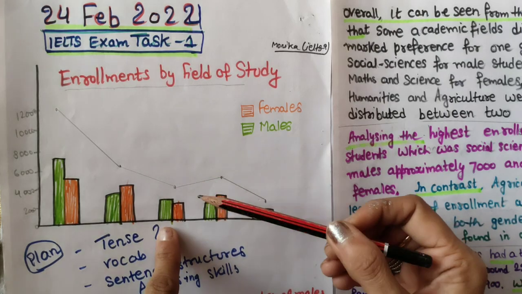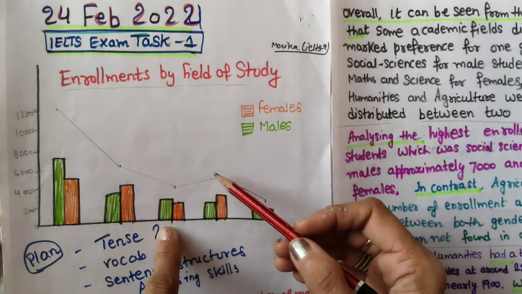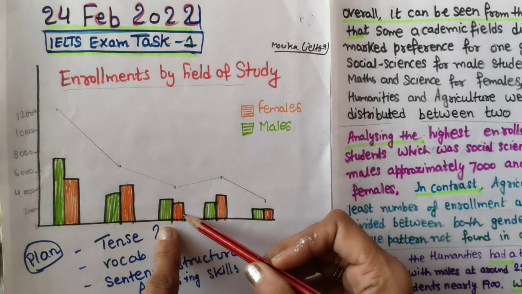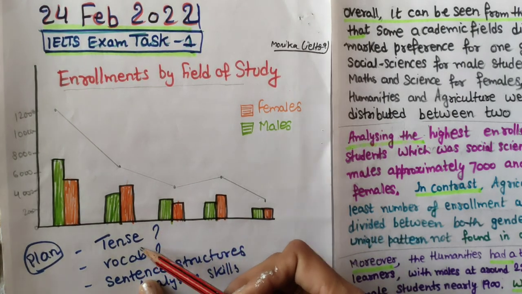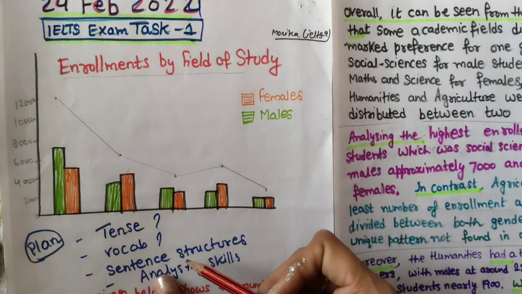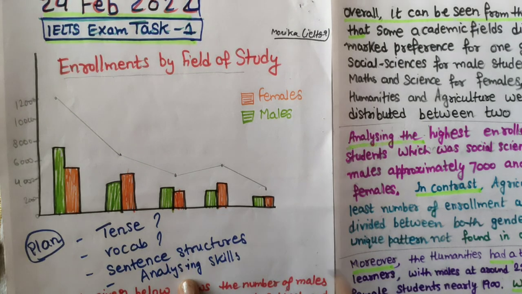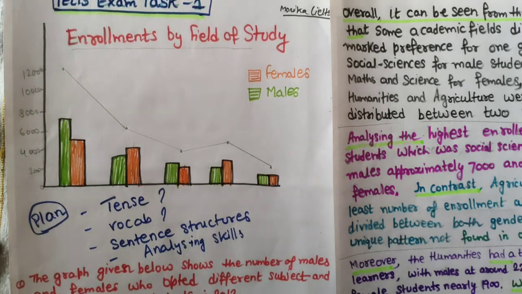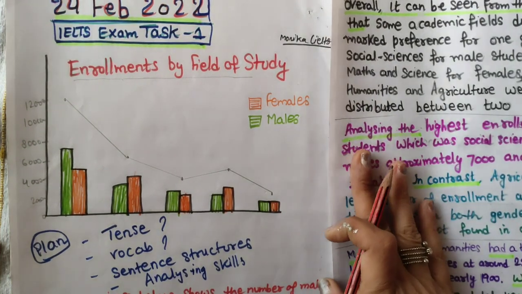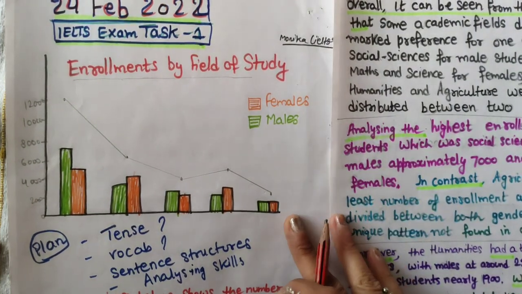You are here with me to understand how to analyze the things in a bar graph, which kind of tense we are going to use, and vocabulary, sentence structures, analyzing skill. Definitely I will explain how to write the introduction, the overall paragraph as well as the body paragraphs. Everything we will discuss.